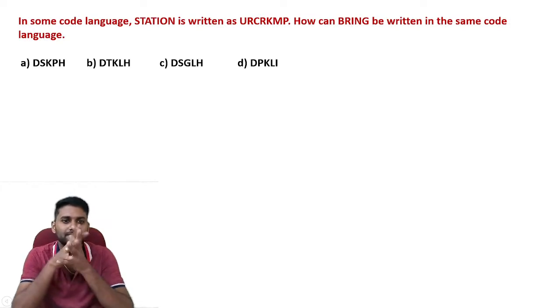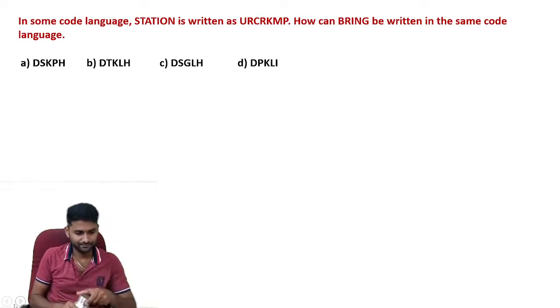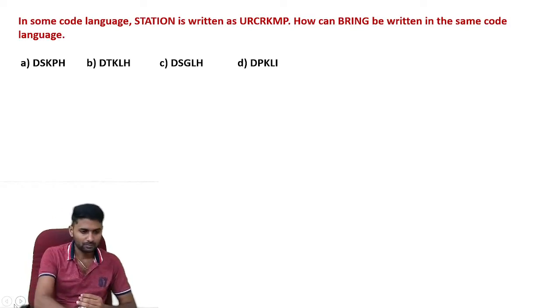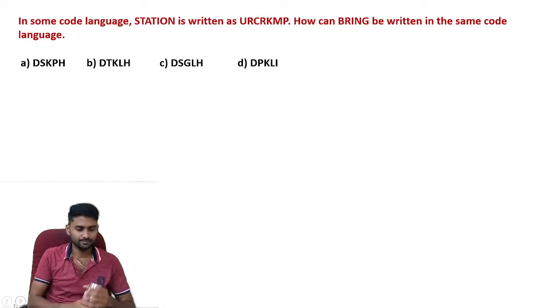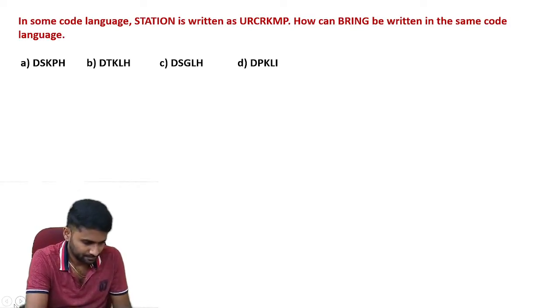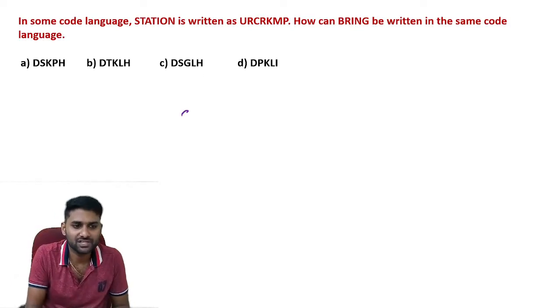Go through this question. In some code language, STATION is coded as URCRKMP.